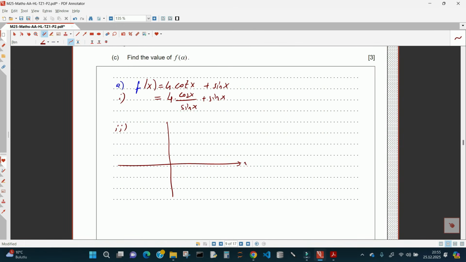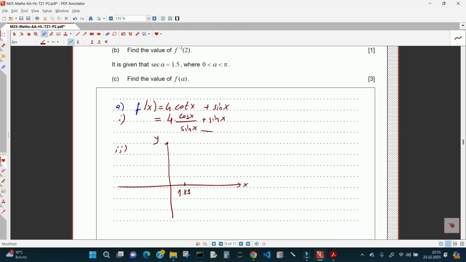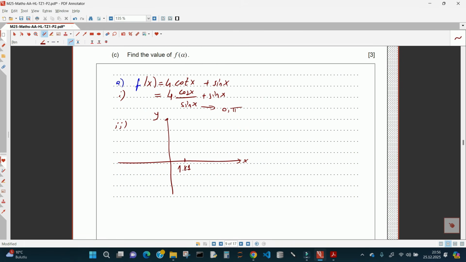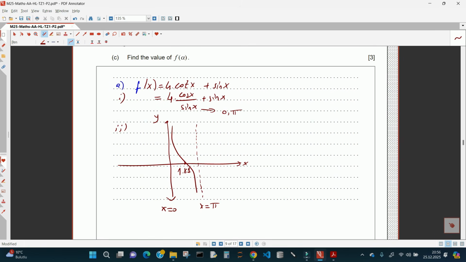The graph will pass through 1.81. And since the denominator is sine x, and I know that sine x is 0 at 0 and pi, there is a vertical asymptote at the lines x equals pi and x equals 0, right? So our graph will not pass through these lines. I will draw it like this, yeah.